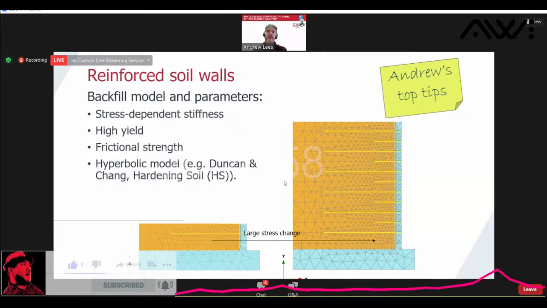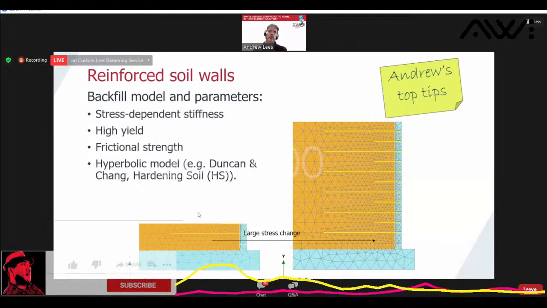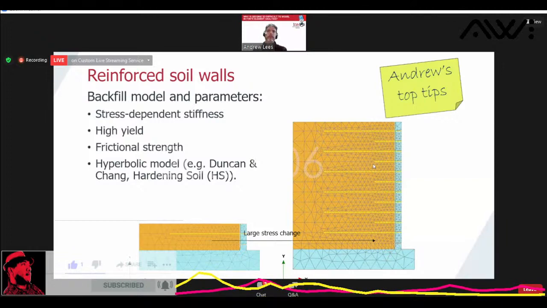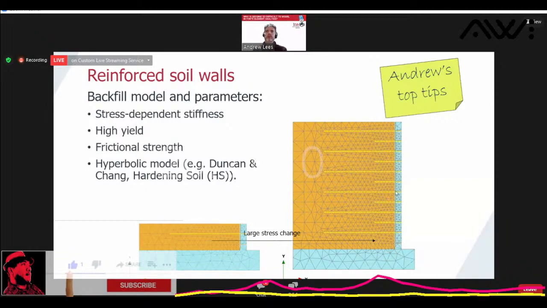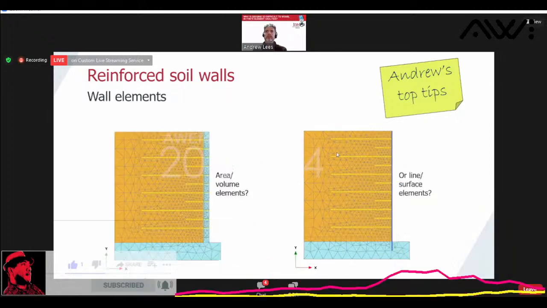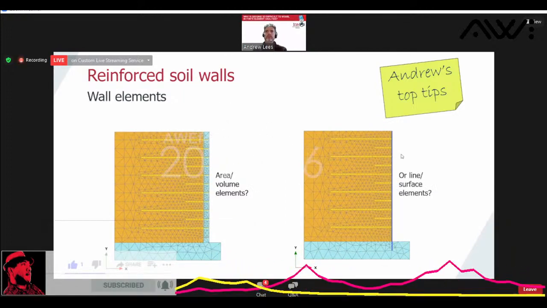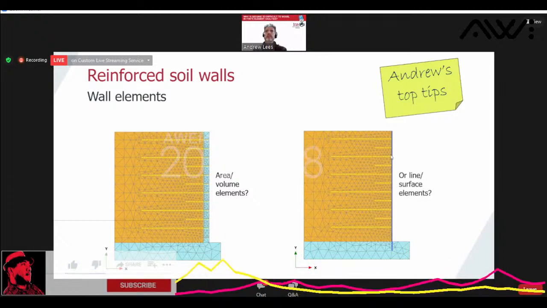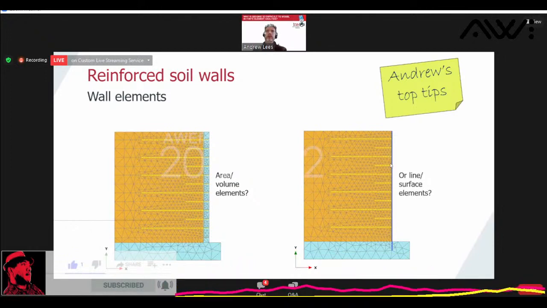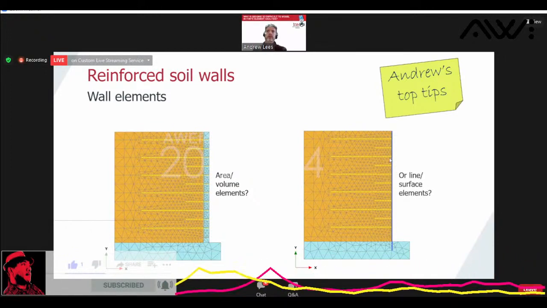Now, regarding wall elements, you've got a choice of using area or volume elements in 3D, or just using line or surface elements. Of course, it's easier to use line or surface, but how accurate is that? Well, generally in soil structure interaction, this is considered more conservative because you're losing the effect of the moment effect of friction on the back.